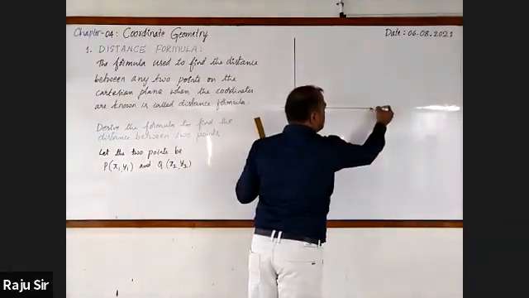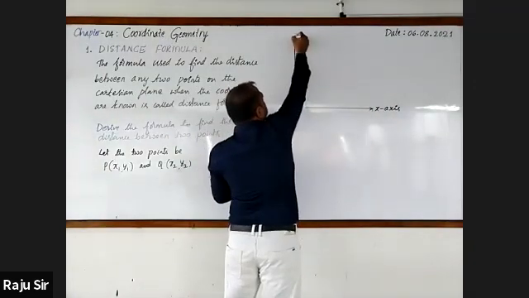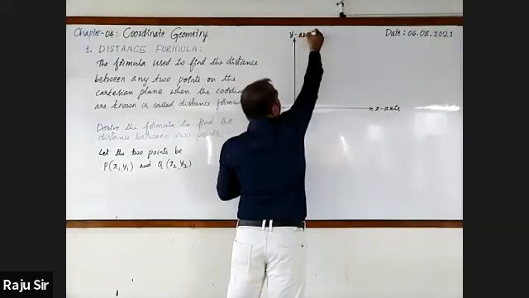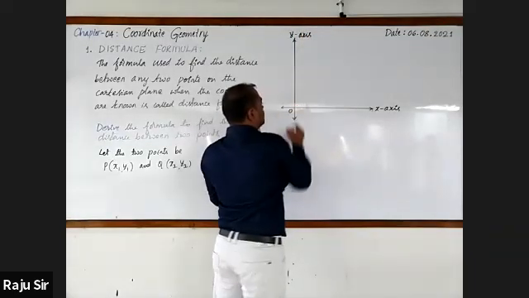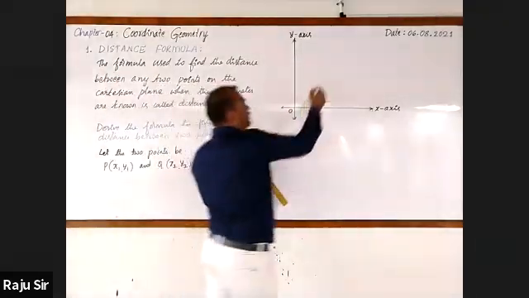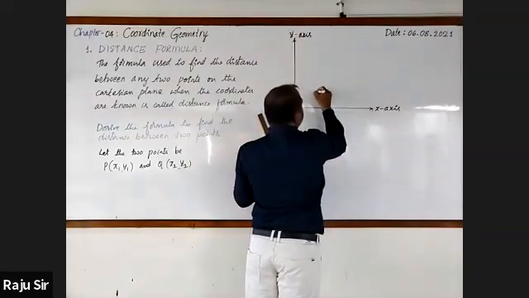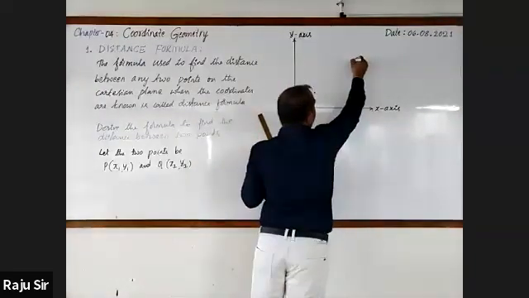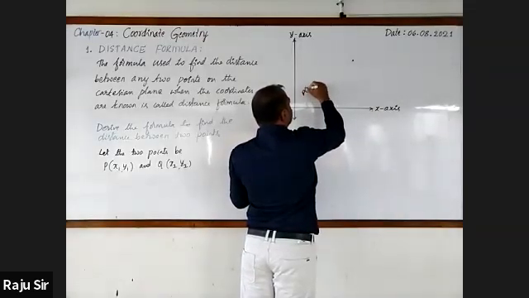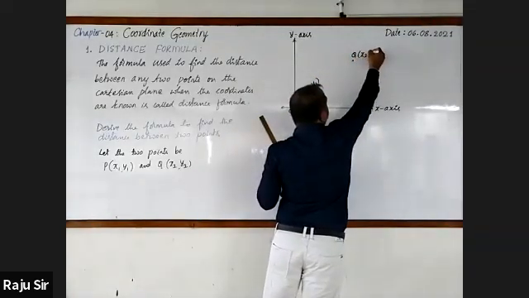This is the x axis and this is the y axis. This is the point of intersection, nothing but the origin. Mark 2 points P and Q wherever you want, where P is x1, y1 and Q is x2, y2.